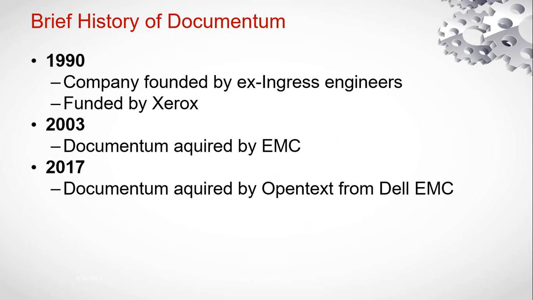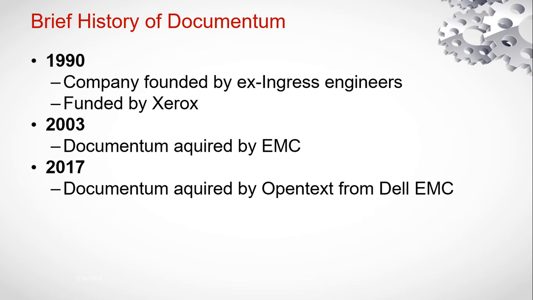Later on, they released a few softwares with different names, and finally it came with a software called Documentum, which managed the unstructured data. The company name was Documentum, and the software they released had the same name.